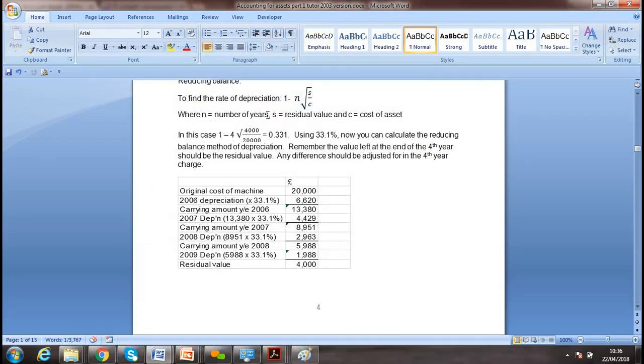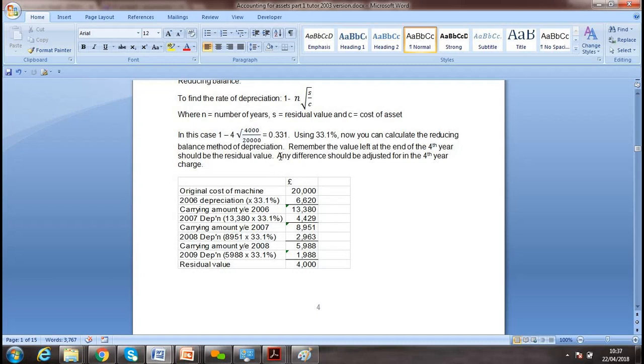N is normally the number, the number of years. How many years can we use this? 4 years. Yes. What is the scrap value or the residual value of the asset? 4,000. And C is the cost of the asset, which cost us 20,000. So 1 minus the fourth root of 4,000 over 20,000.